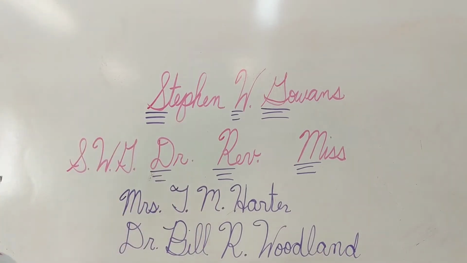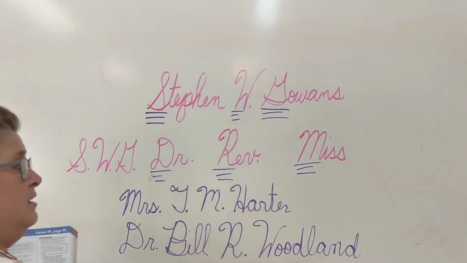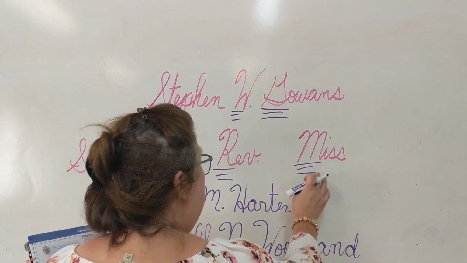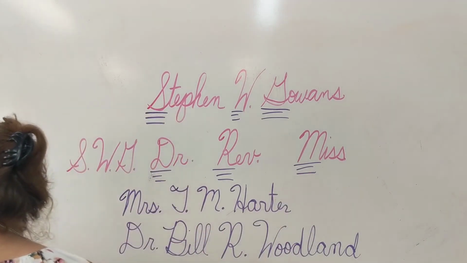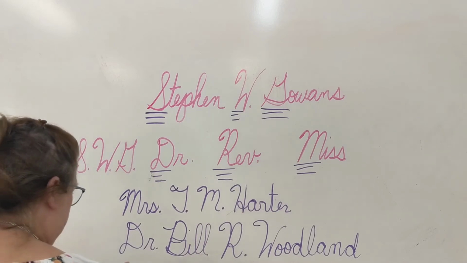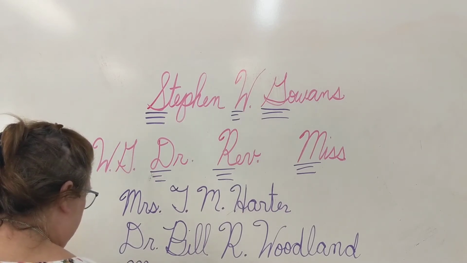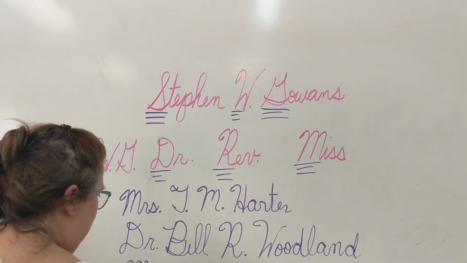So there we go, Dr. Bill R. Woodland. And then our next sentence says, Miss Rebecca Williams taught swimming all summer. Now Miss, remember Miss is not an abbreviation, so it does not have a period, but it is still a title of respect that must have a capital letter. So Miss, and what's her name?